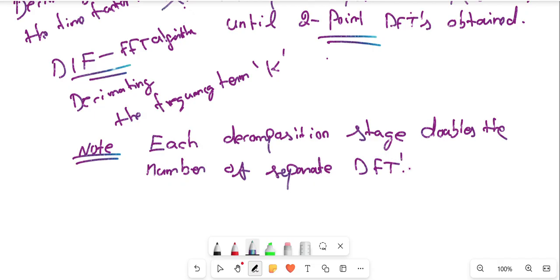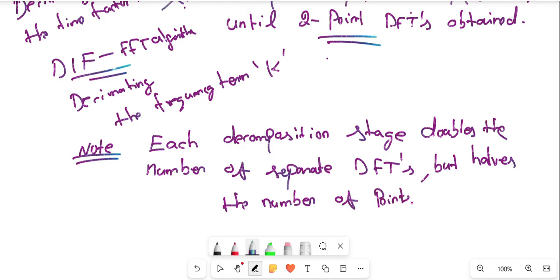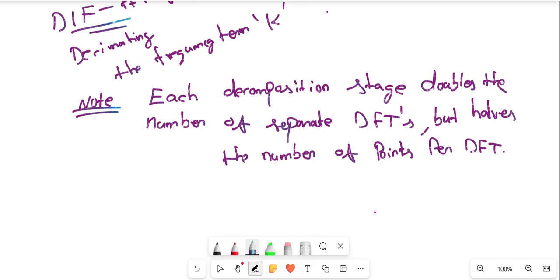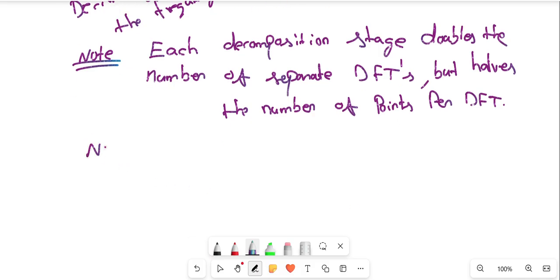It doubles the number of separate DFTs but halves the number of points per DFT. For example, consider the computation of an n-point DFT with n equal to 2 power y, where y is a positive integer.